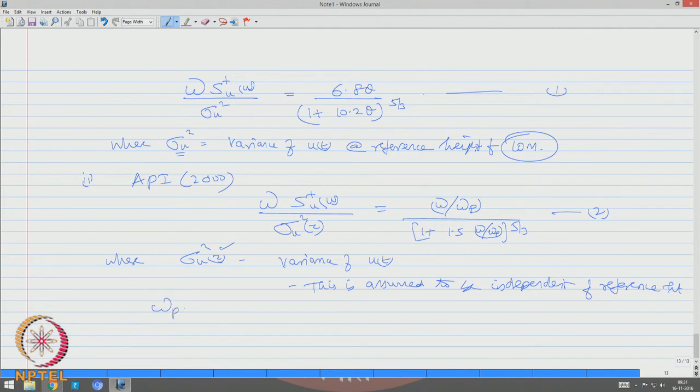Omega p is called peak frequency, which can be estimated by the relationship 0.01 less than or equal to omega p z by u bar z less than 0.1.